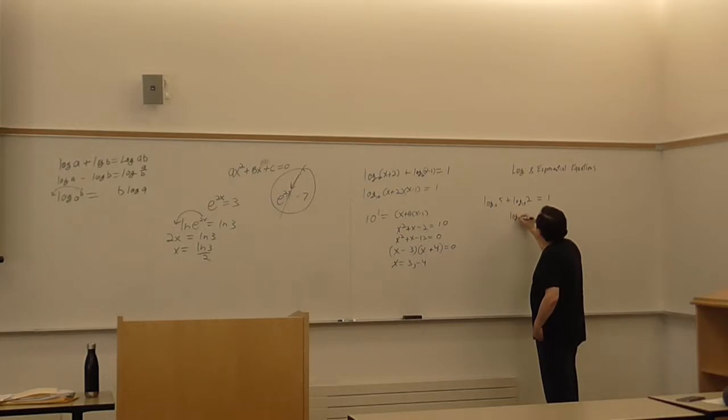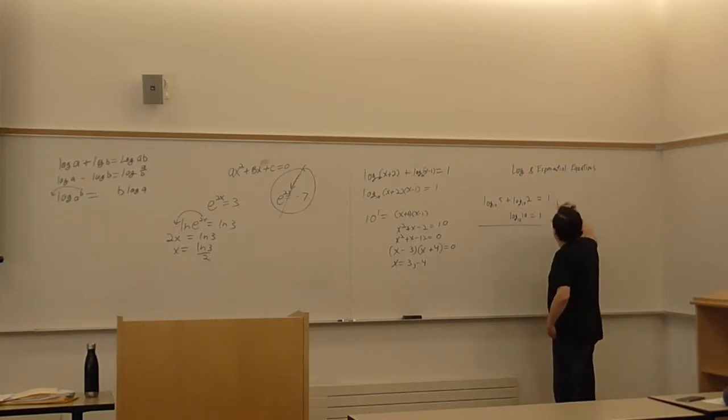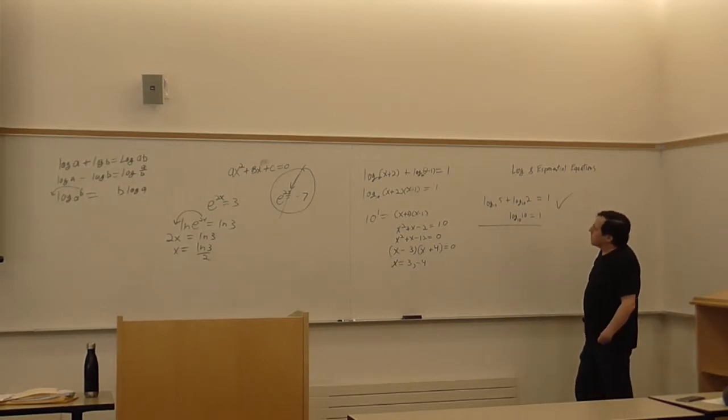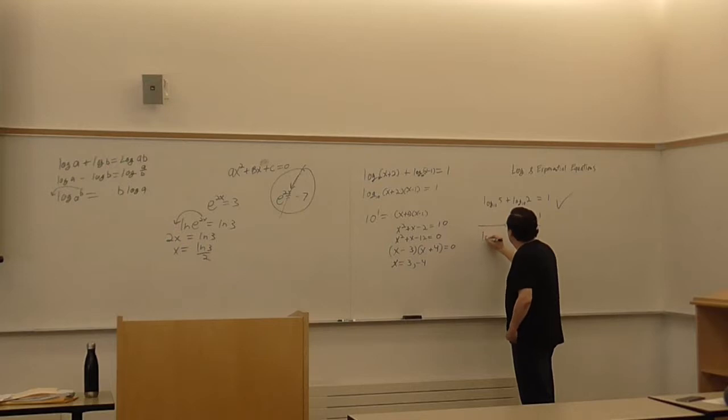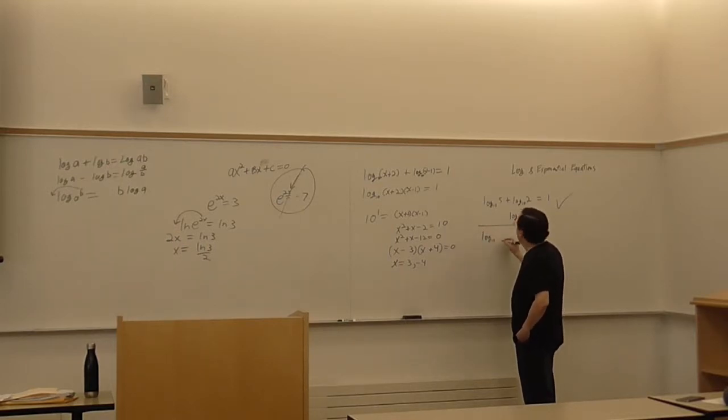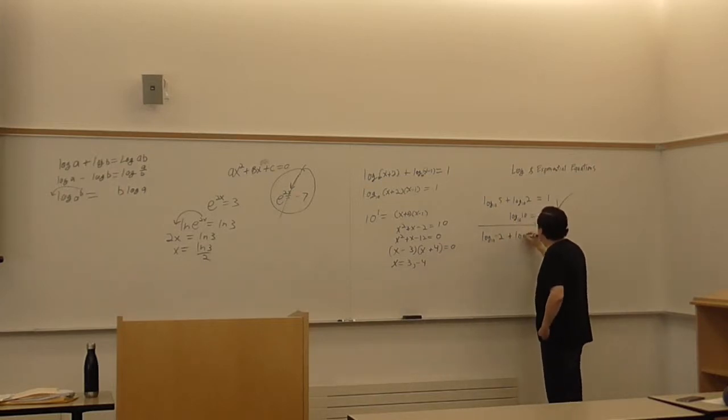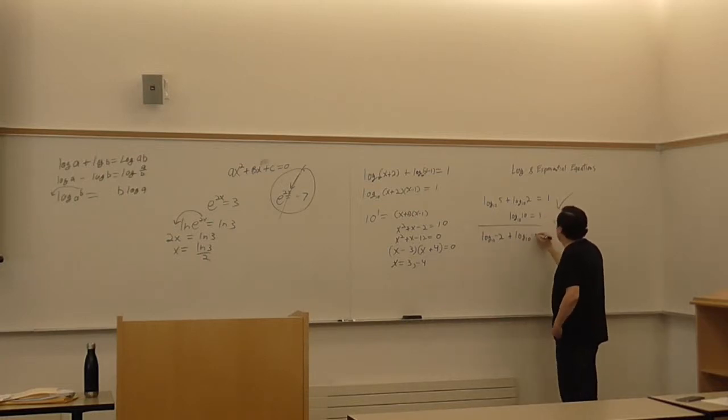That's just log to the base 10 of 10 equals 1. So that's good. Now let's try minus 4 and see what happens. Log to the base 10 of minus 4 plus 2, which is minus 2, plus log to the base 10 of minus 4 minus 1, which is minus 5, equals 1.